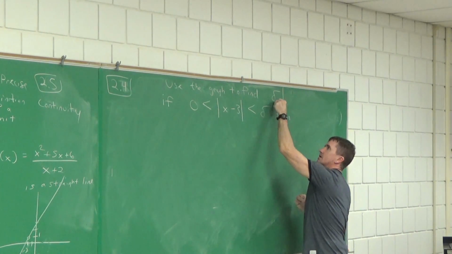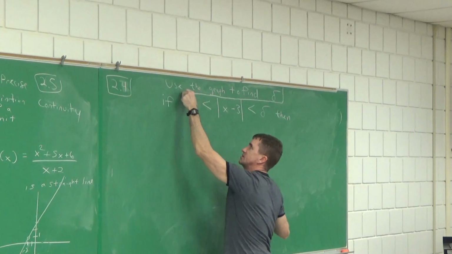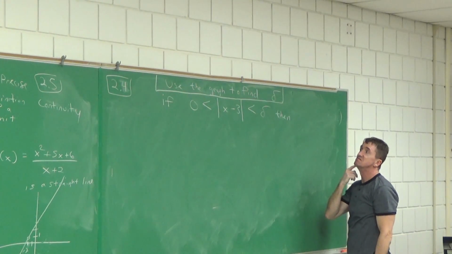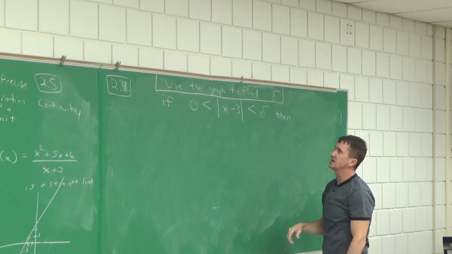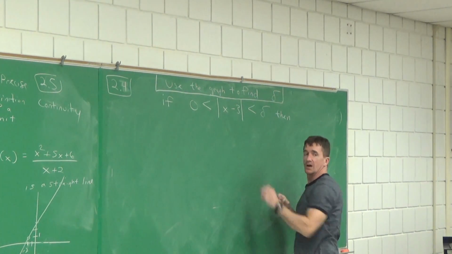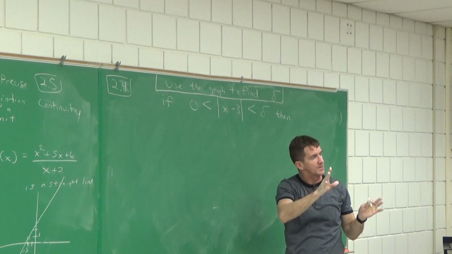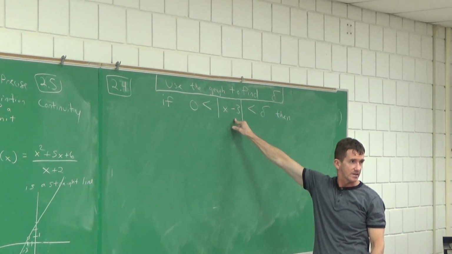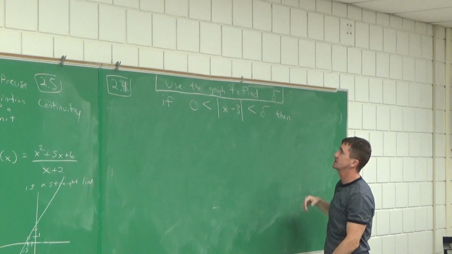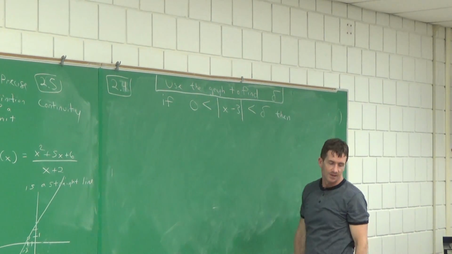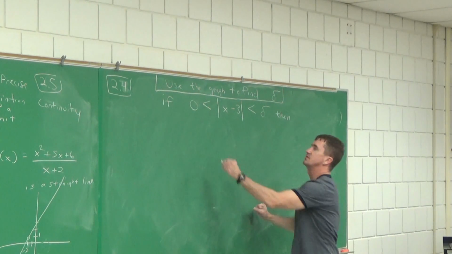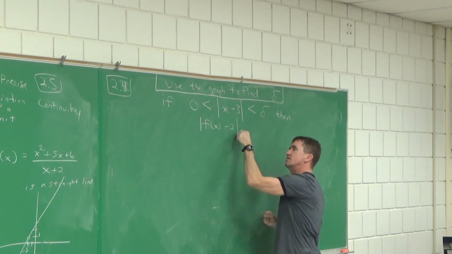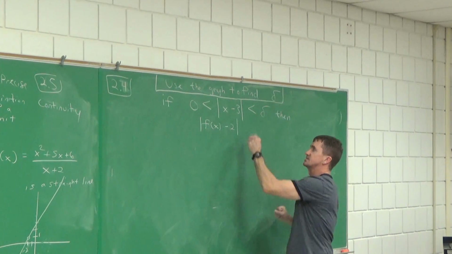In this problem, you're going to use the graph to find delta. If 0 is less than this absolute value, there's another way you can say that: the absolute value of x minus 3 is the distance between x and 3. That's another way you can say that to yourself. The distance between x and 3 is less than delta. Then they got the absolute value of f of x minus 2 is less than 0.5.